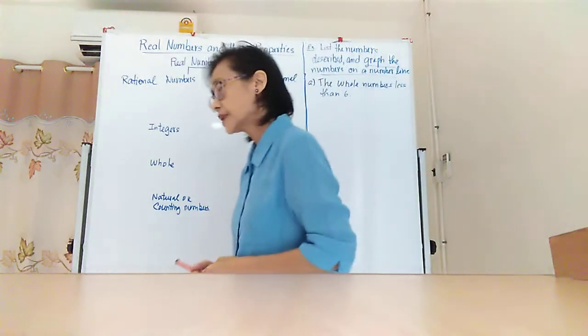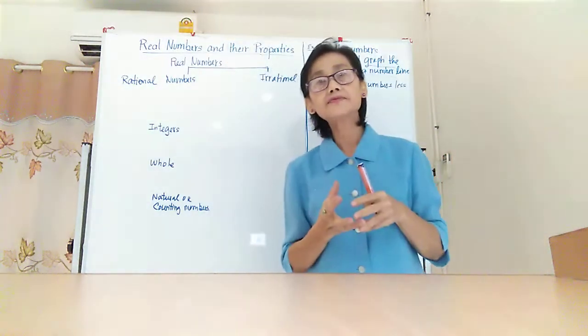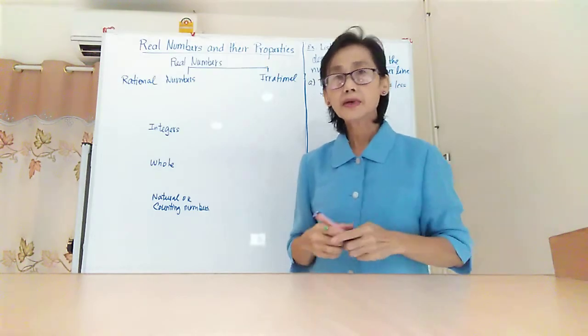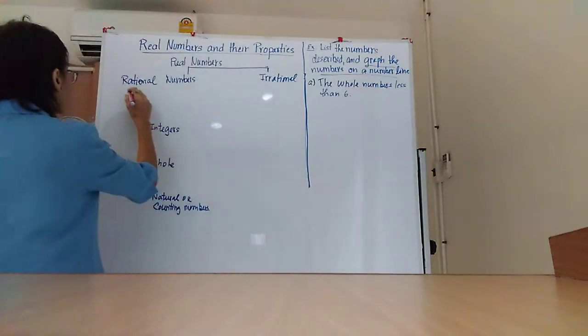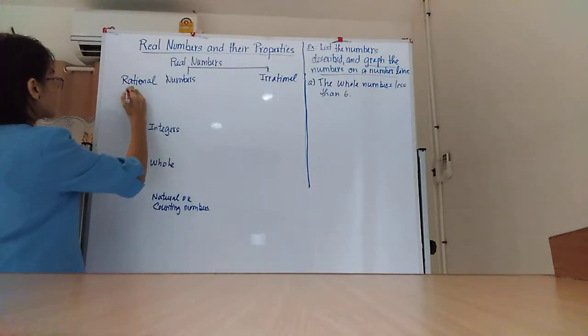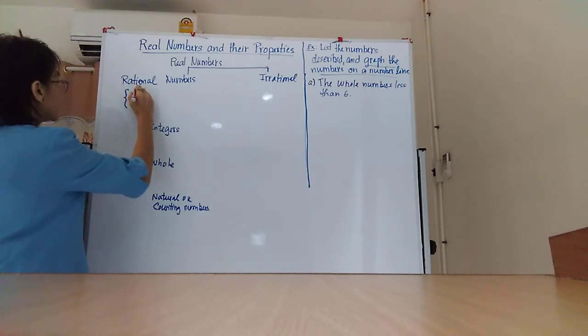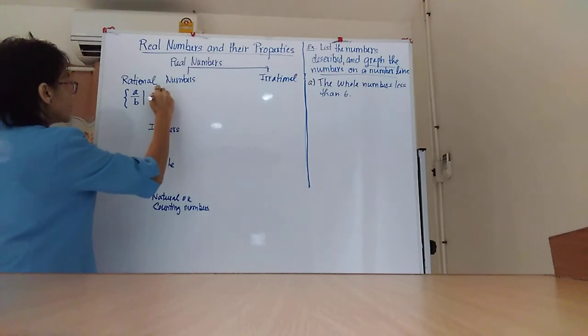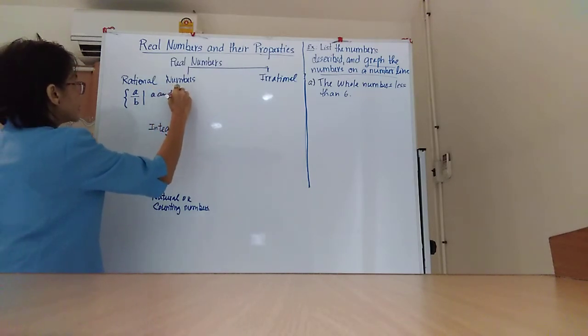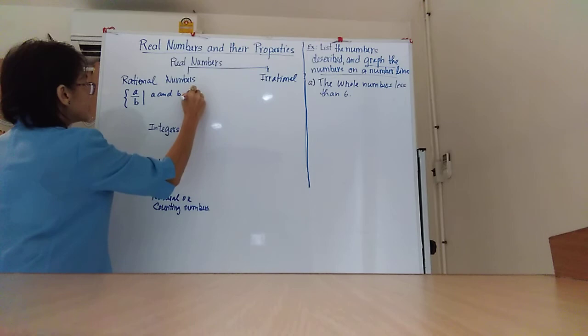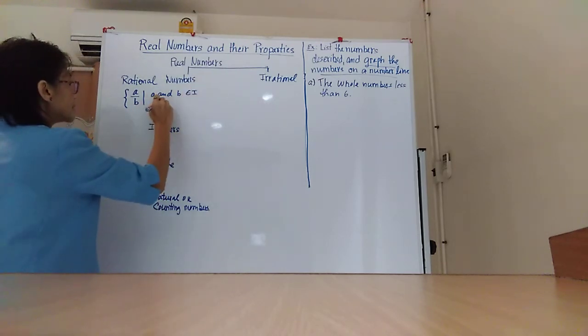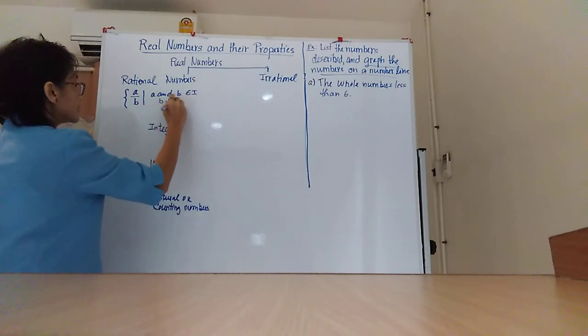Rational numbers, we can write as a fraction form or ratio. The definition is it's a set of fractions. We can write A over B such that A and B belong to integer numbers, where B shouldn't be 0.